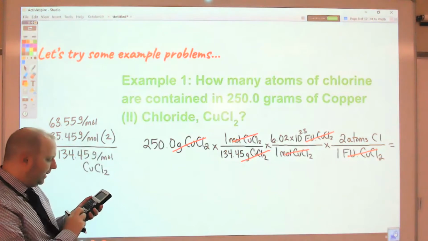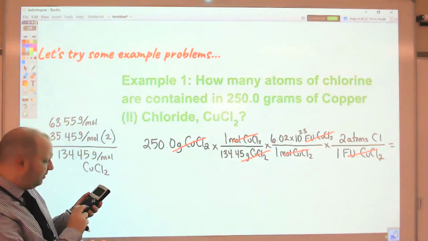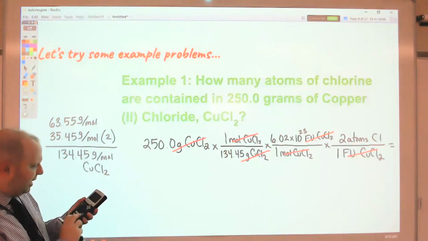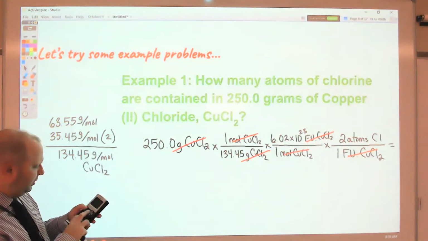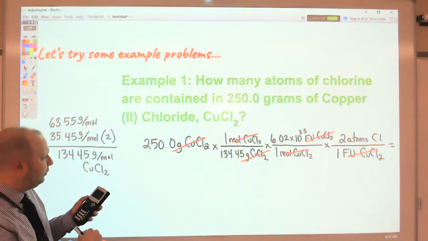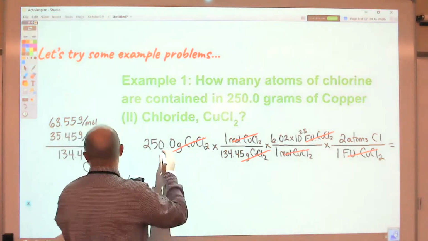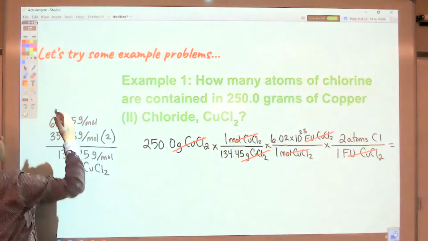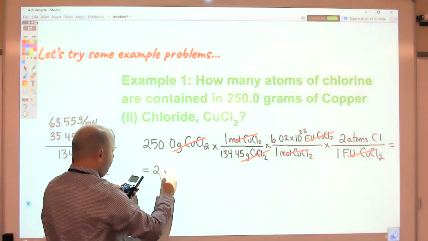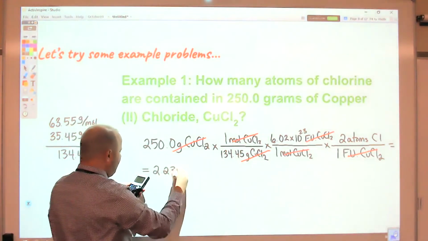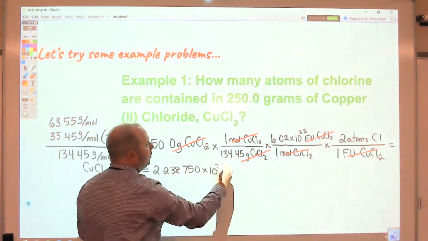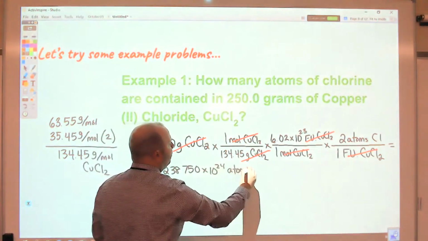So if I type this into my calculator, 250 divided by 134.45 times 6.02 e to the 23rd times 2, I get an answer of 2.238750 times 10 to the 24th atoms of chlorine.